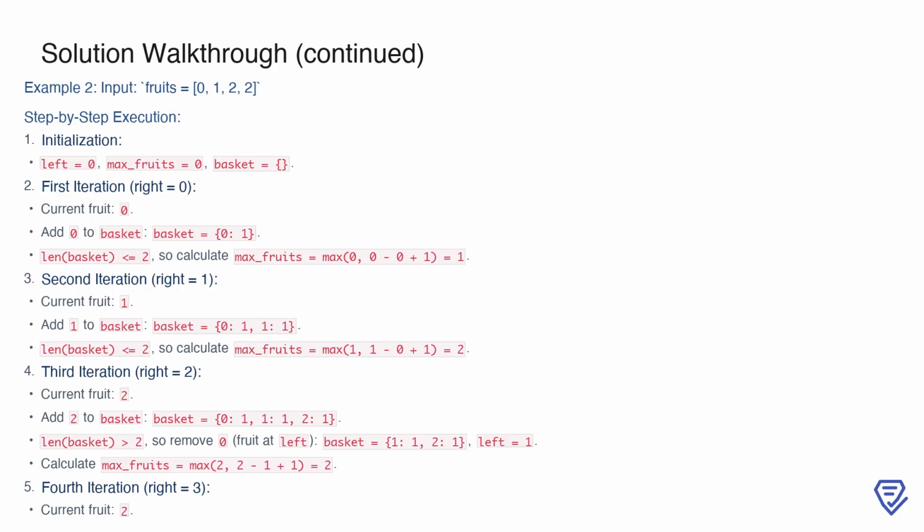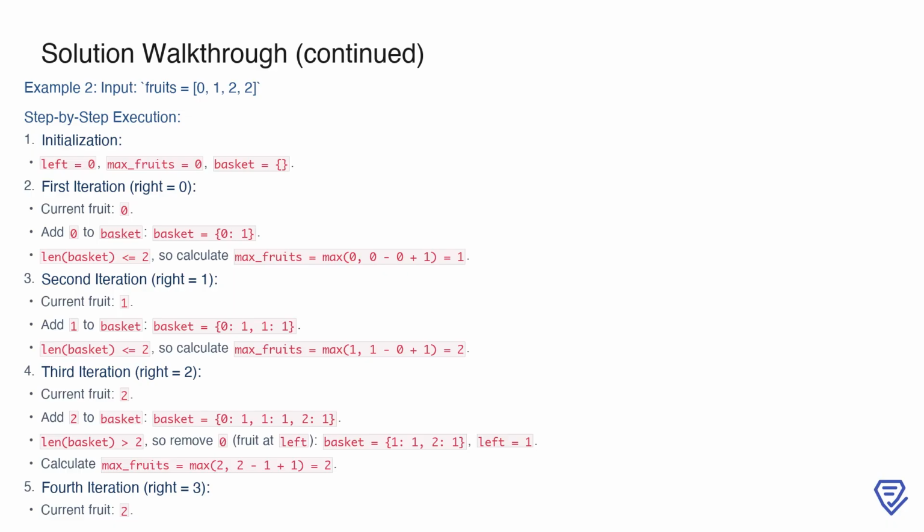Adding it to the basket gives {0: 1, 1: 1, 2: 1}. Since the basket now exceeds two types of fruits, we need to remove the fruit at the left pointer, which is 0. Removing it updates the basket to {1: 1, 2: 1}, and increments left to 1. We then calculate the maximum as max(2, 2 - 1 + 1), which equals 2.